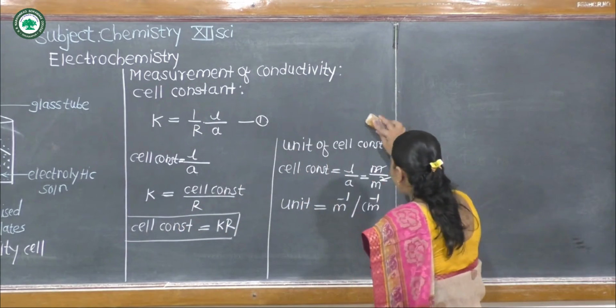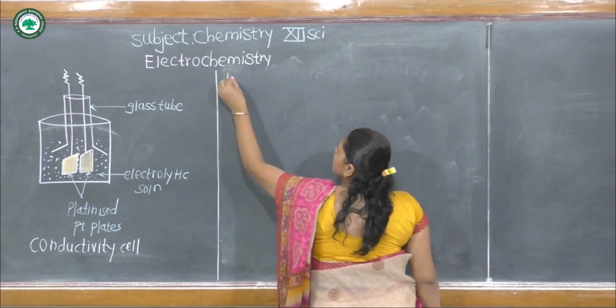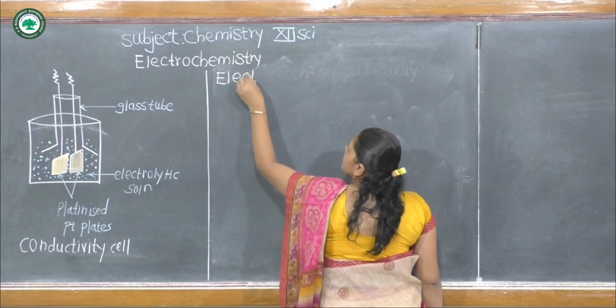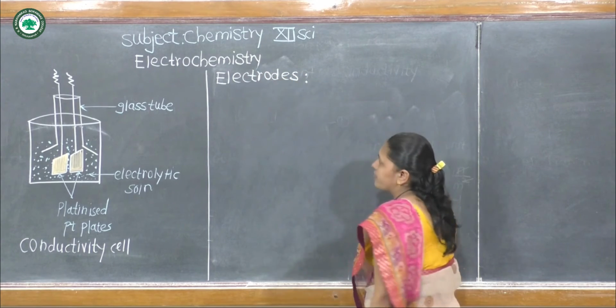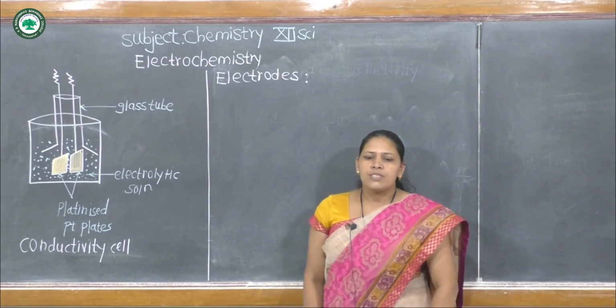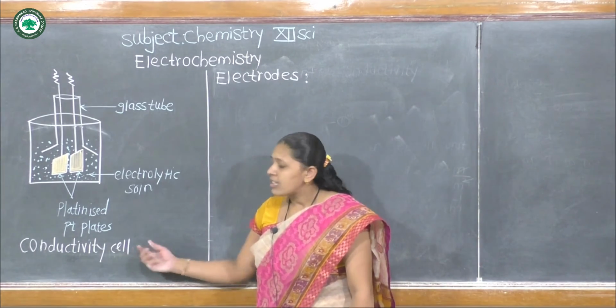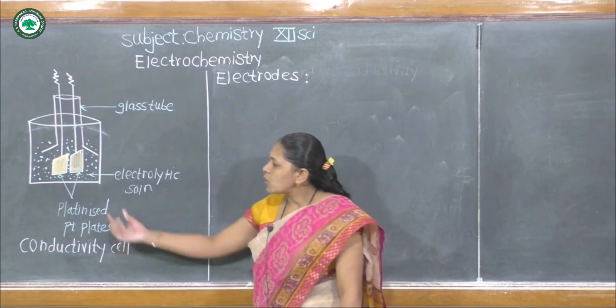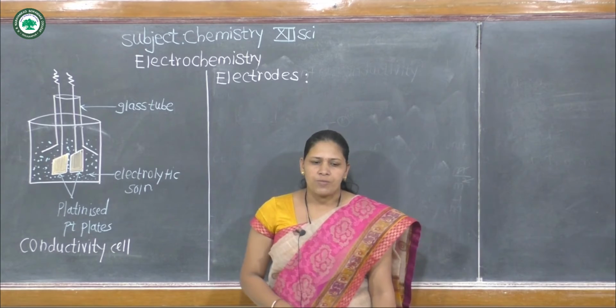The next point is electrodes. What is meant by electrode? In this conductivity cell, two platinum plates act as electrodes.